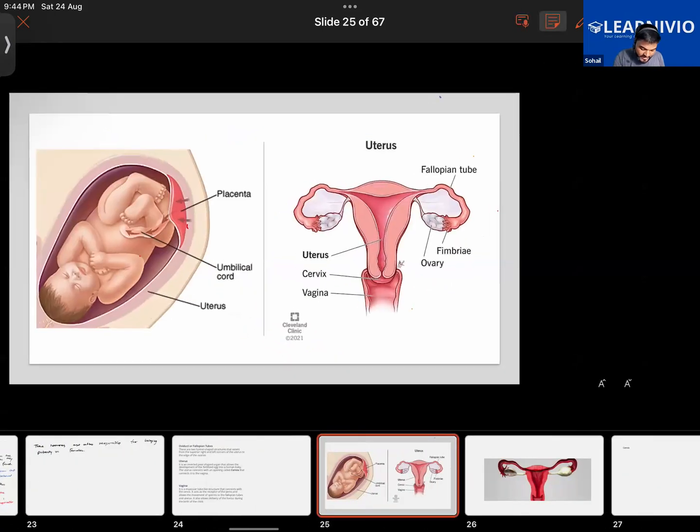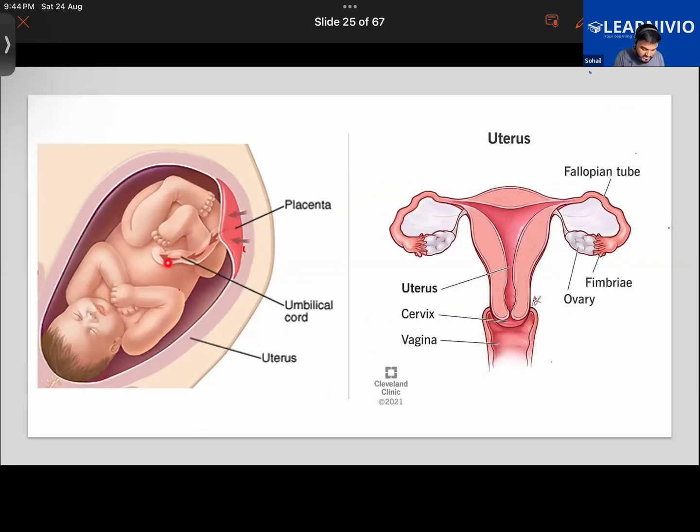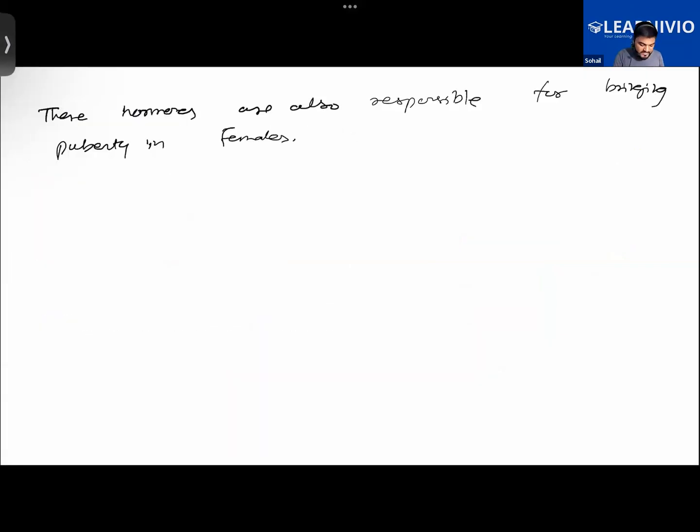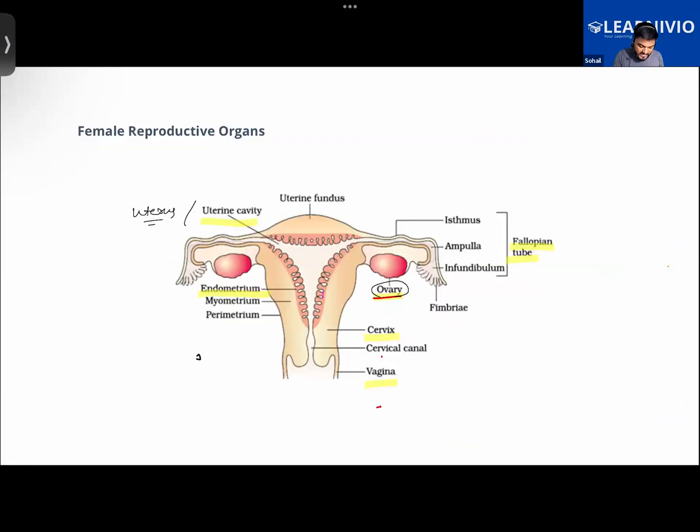If bacteria were to go in during the pregnancy, will it not be harmful for the child? It will be harmful, exactly. So the cervix, lying at the base of the uterus, will form a thick mucus which will not allow the bacteria or viruses to enter. That is one thing.